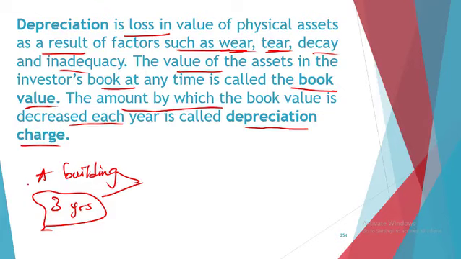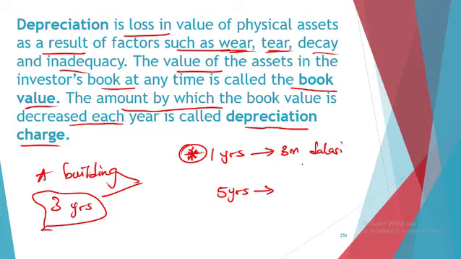Okay, so looking at depreciation, just like I said earlier, in a house, let's assume that a building was constructed in the first year. It was rented at, let's say, $3 million. You agree with me that after 5 years, if care is not taken, this building will definitely come down to around $2 million or $2.5 million.